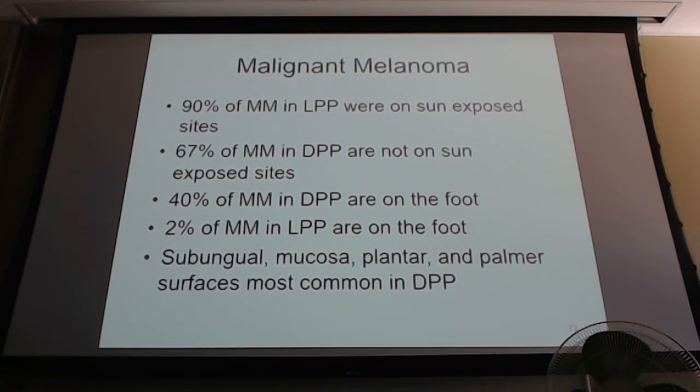That's what's up here, okay? So in here, we can see 90% of the light can have melanoma on sun-exposed sites. 67% of the dark pigmented are not on sun-exposed areas, so they're hidden. That's out there. 40% of DPPs are on the foot, whereas only 2% of that is located on the LPPs.